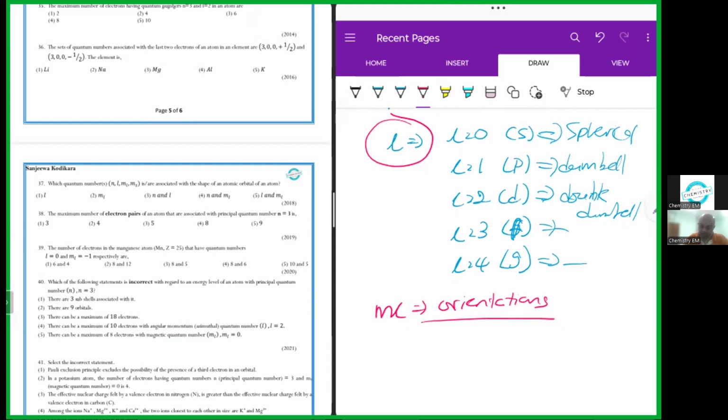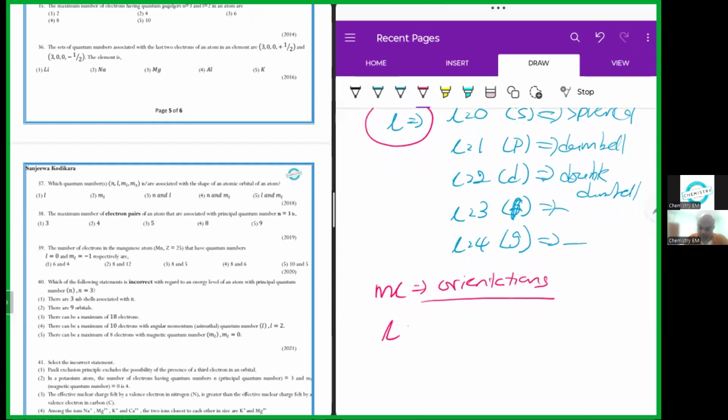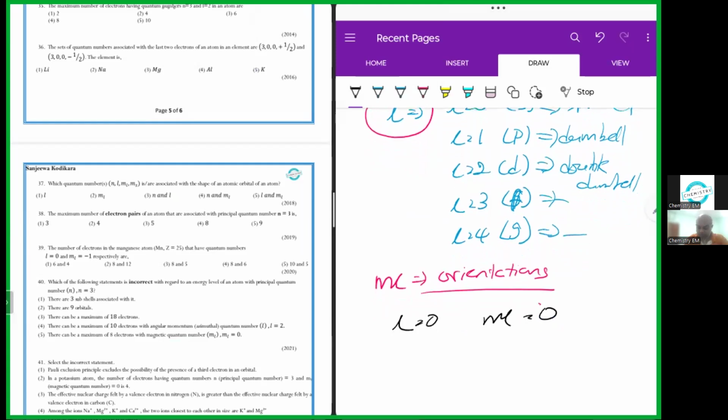So ML is equal to 0. ML also gives you the idea of the orientation. When you talk about the orientation, in an indirect way you are discussing the shape as well, right?